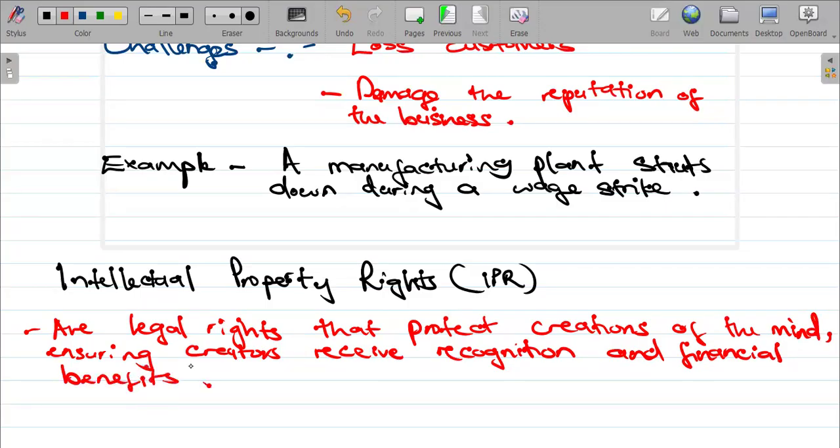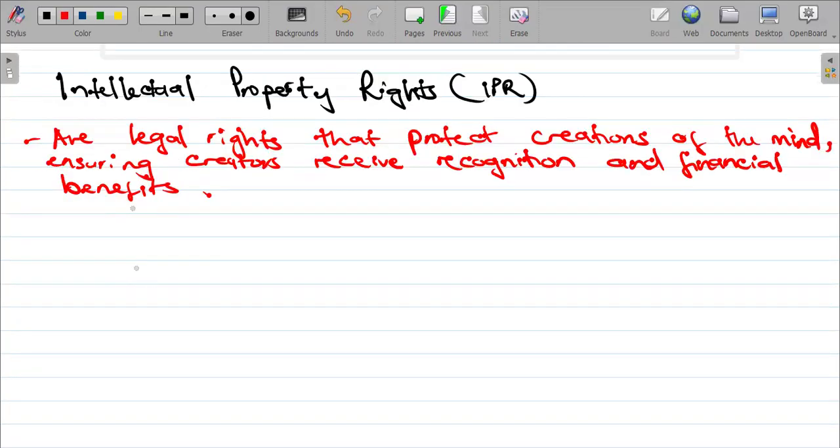Yes. So I'm going to discuss those intellectual property rights. I'm going to start with the copyrights. Copyrights, these are legal protection for original works such as movies, films, books, and software.